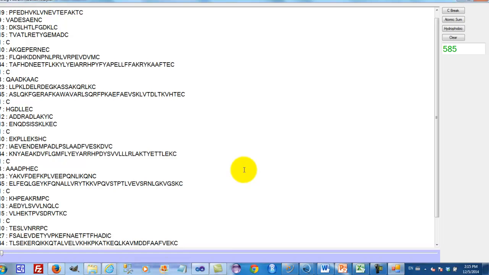So serum albumin has 30 alpha helices. These alpha helices are found equally distributed amongst 3 homologous subdomains.